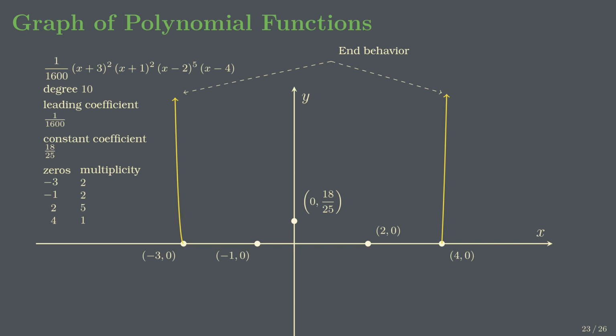This is called the end behavior of the polynomial function. In this case, outside of minus 3, 0 and 4, 0, the value of f(x) tends to plus infinity on both sides. Remember, how the value of f(x) varies when x tends to minus infinity or plus infinity is called the end behavior of the polynomial function. This depends first on the degree of the polynomial function and later on the leading coefficient. In a couple of minutes, we're going to see this in more detail.